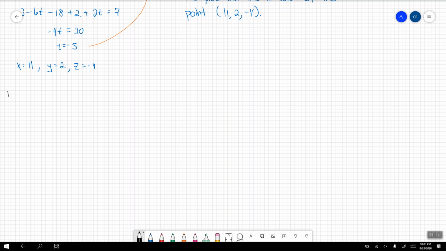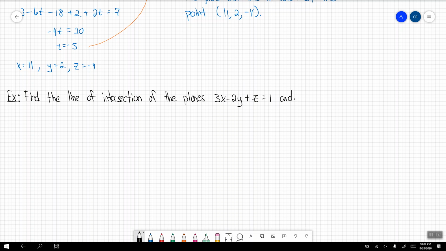So here we go. On this example, we want to find the line of intersection of the planes 3x minus 2y plus z is equal to 1 and 2x plus y minus 3z is equal to 3.